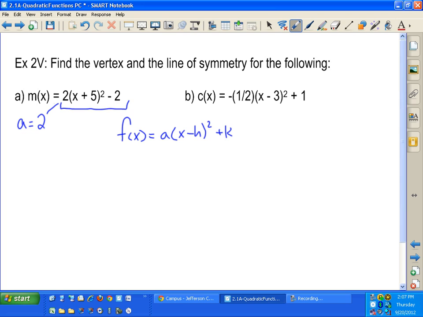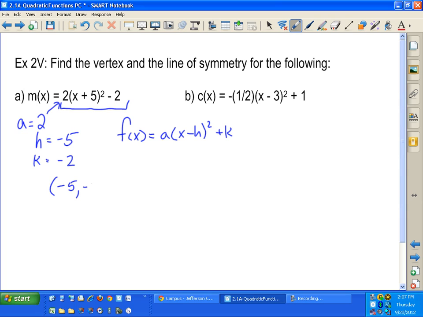We have that our h value, the opposite, because it's a negative in here, is the opposite of 5, which would be negative 5, and then the k value looks like it is the opposite of 2. So we are looking at our vertex of our parabola at (-5, -2).